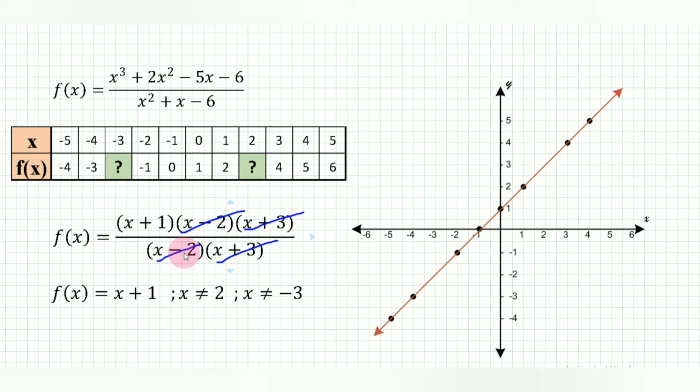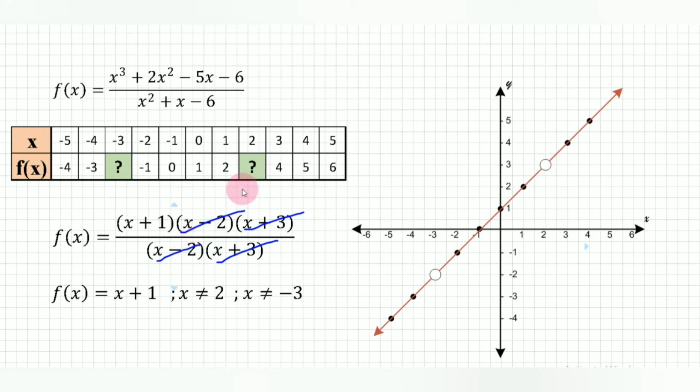That is what results in y being undefined. So the big difference between these equations and the one before is that it has two discontinuities. One is at x equals negative 3. The second one is at x equals 2.